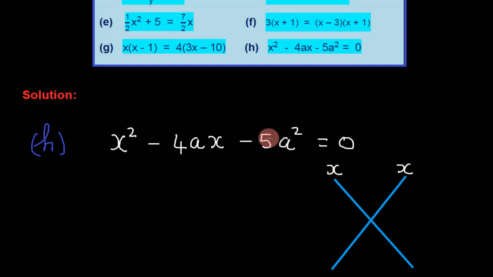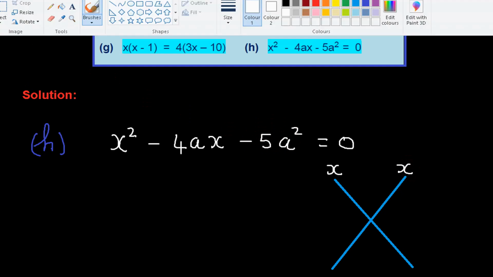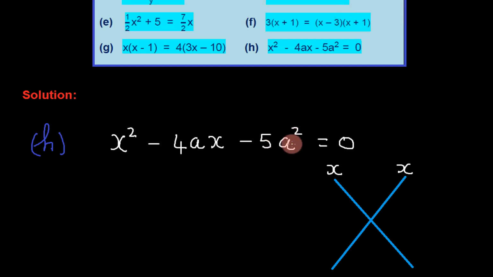Now we can look at the factors of 5a squared. In other words, the factors of the constant. The only factors of 5a squared will be 1a, or just a, and 5a. So let's try 1a and 5a.